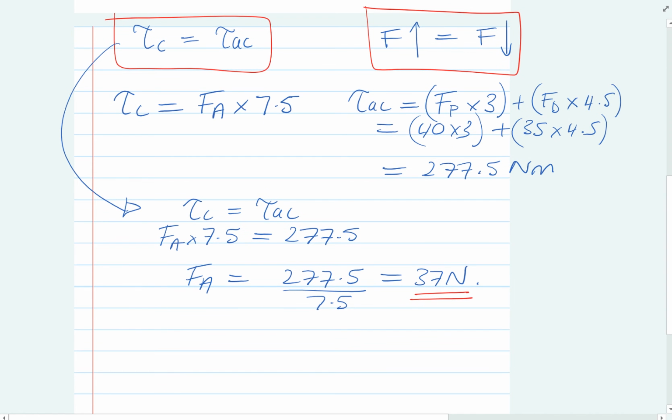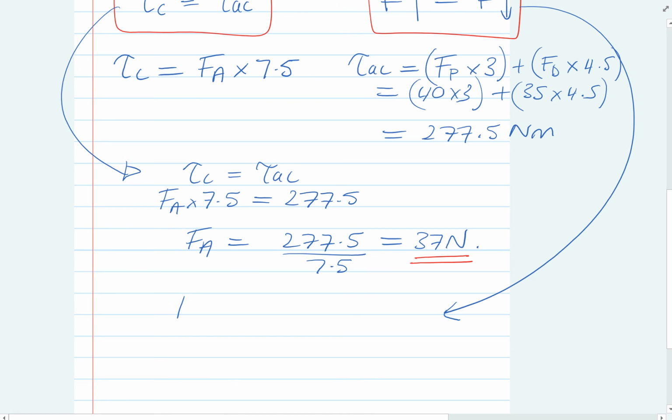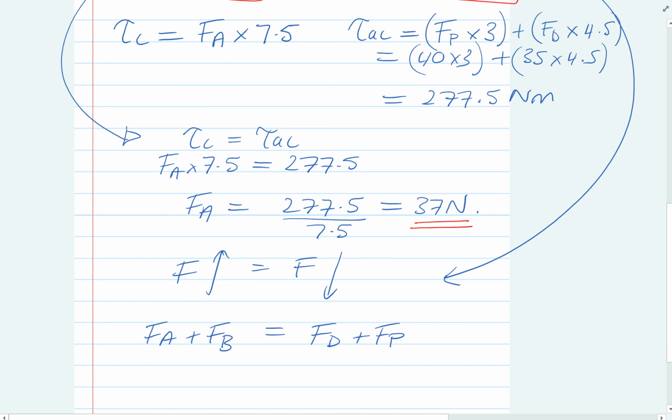Well, to work out FB, all we need to do is now look at this equation, that the forces up have to equal the forces down. Forces up, forces down. And that means the forces up are FA and FB. The forces down are F dog and F plank. So putting numbers in there, FA we've just worked out, 37.